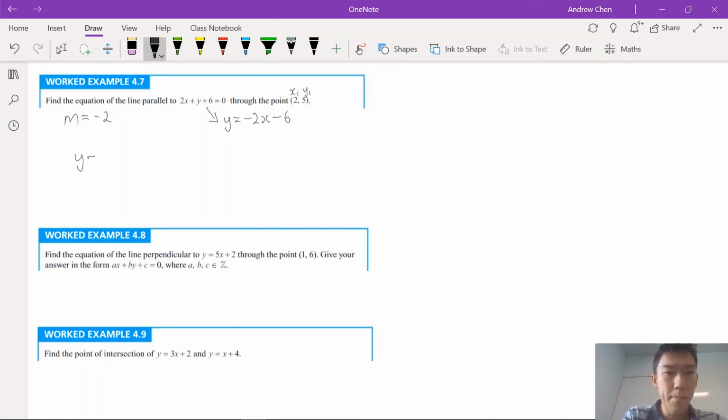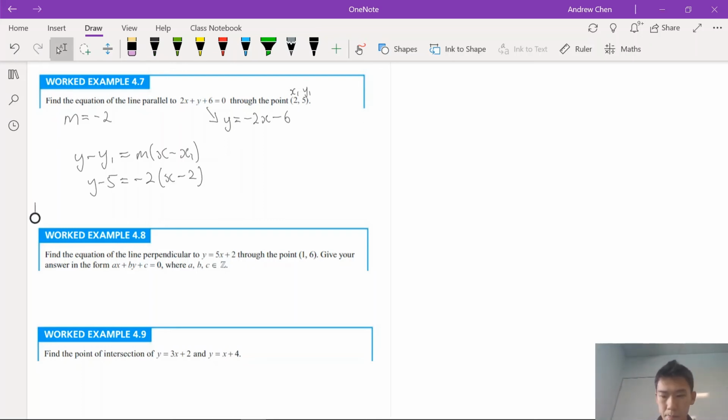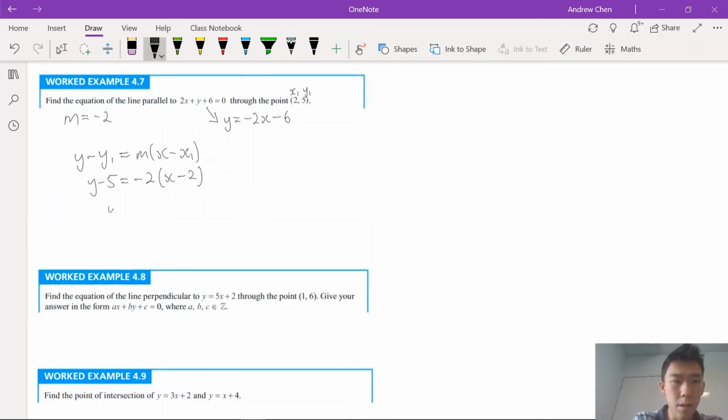Very common. So y minus y1 equals m, x take x1. So y minus 5 equals negative 2, x take 2. Alright, and then same as before, same process. So y equals negative 2x plus 9.